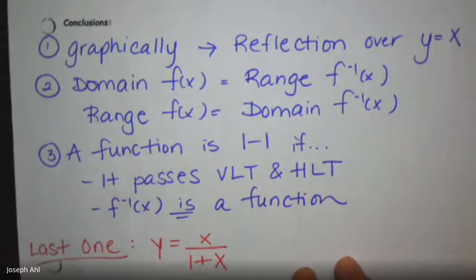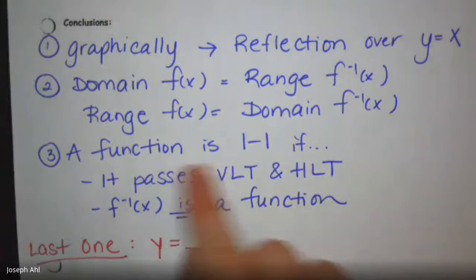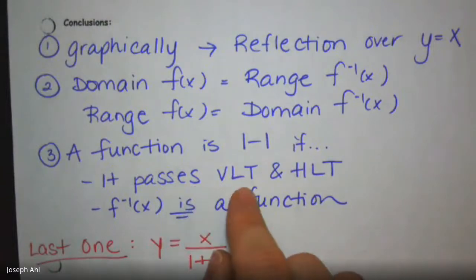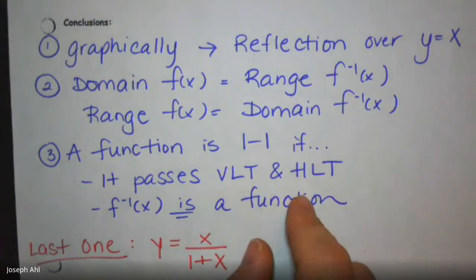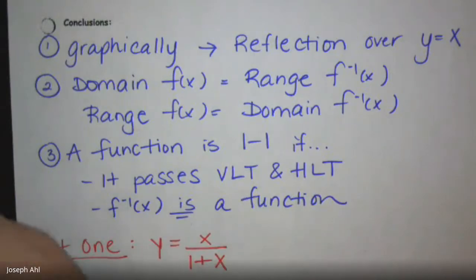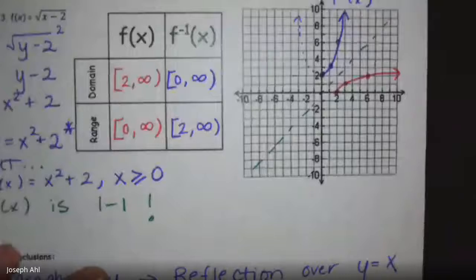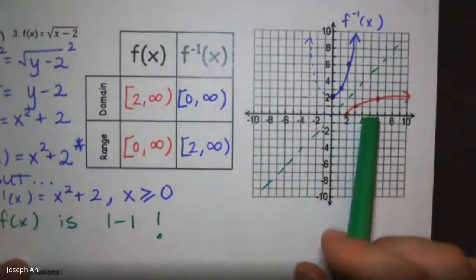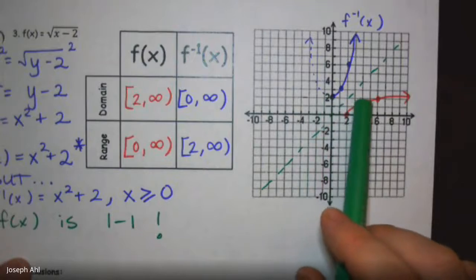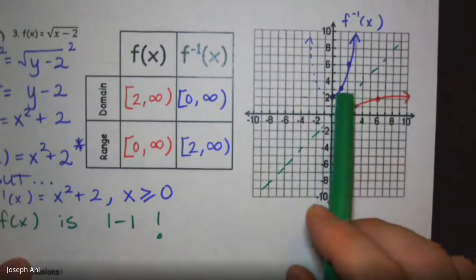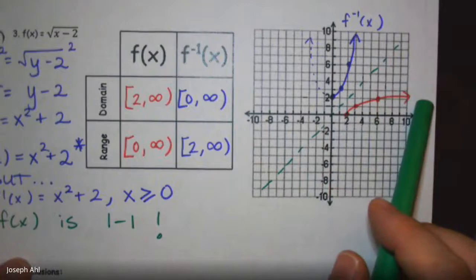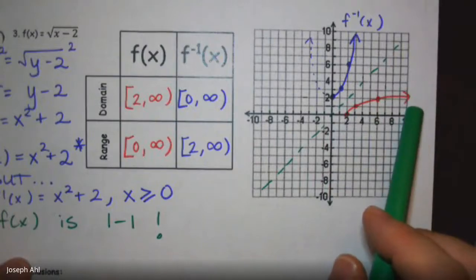And then finally, we talked a little bit about 1-to-1 for all these examples. So a function is 1-to-1 if the original function f of x passes the VLT and HLT. If you're looking at the original graph for f of x, so this red graph right here, if it passes the vertical line test, it's a function, which all of them are functions to start. But if it also passes the horizontal line test, meaning you can draw a horizontal line and it only hits once, that means it's a one-to-one function.